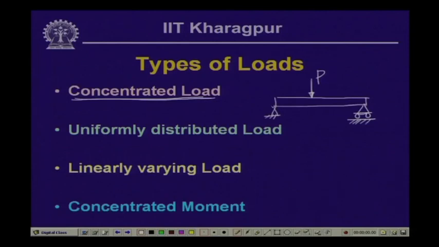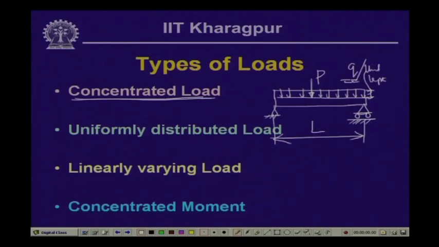Many times we encounter that the whole of the beam may be subjected to a load which is distributed over the entire length. This is the length of the beam, and the entire length of the beam is subjected to a load which is uniform, and the intensity of this load could be say q per unit length.